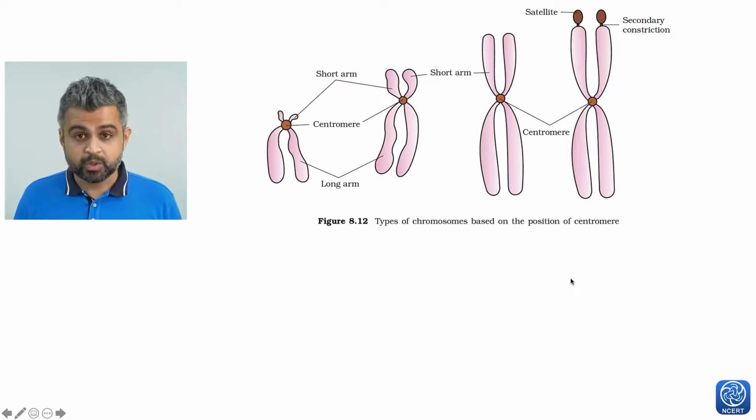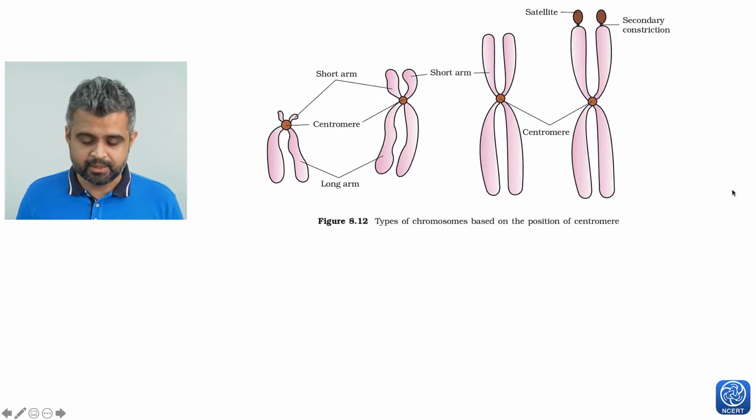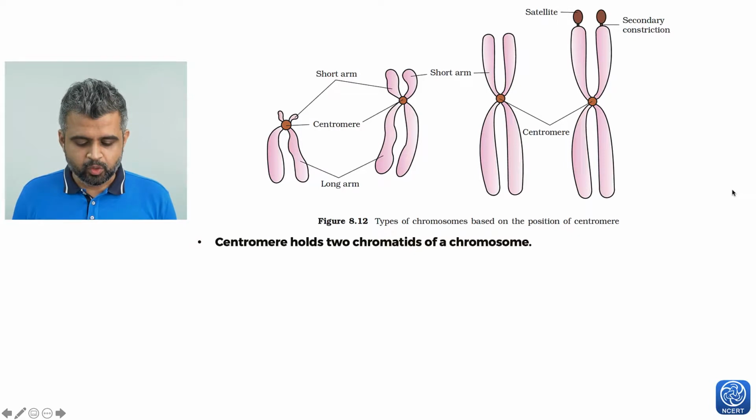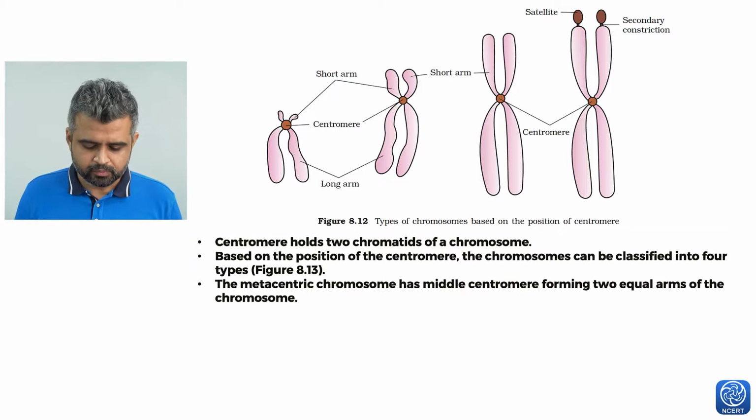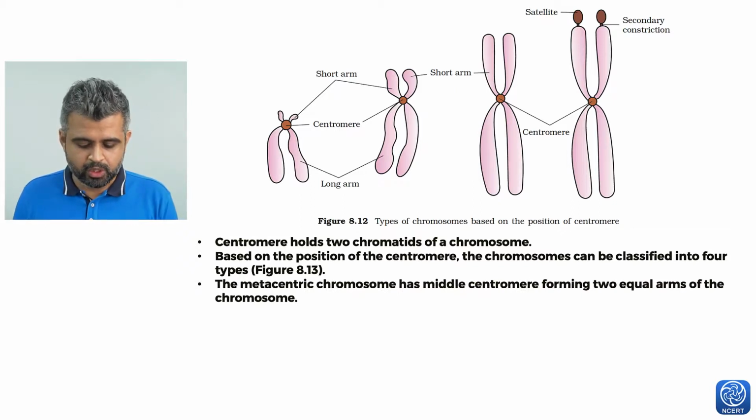If we were to see the theory now, which is given in the NCERT, the centromere holds the two chromatids of the metaphasic chromosome together. Based on the position of the centromere, the chromosomes can be classified into 4 main types. The metacentric chromosome has a middle centromere forming 2 equal arms.